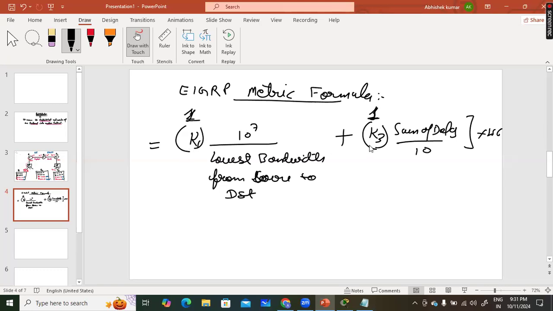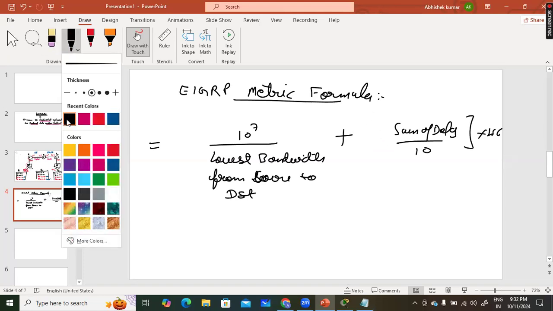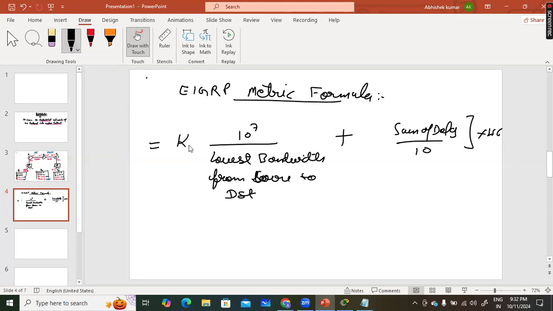K1 multiplied by this and K3 multiplied by this. Like this, you can also go for this. Clear?